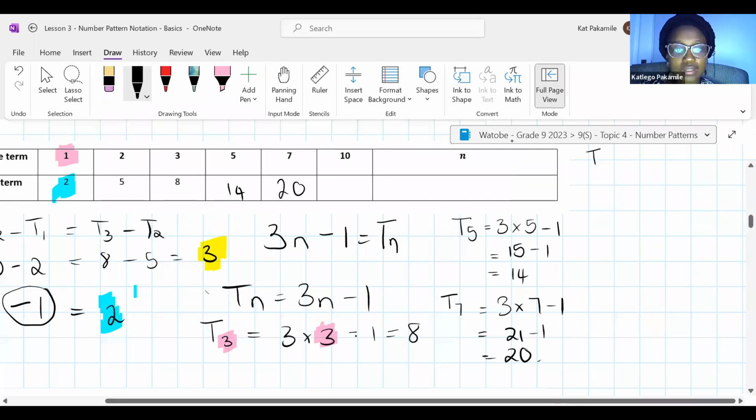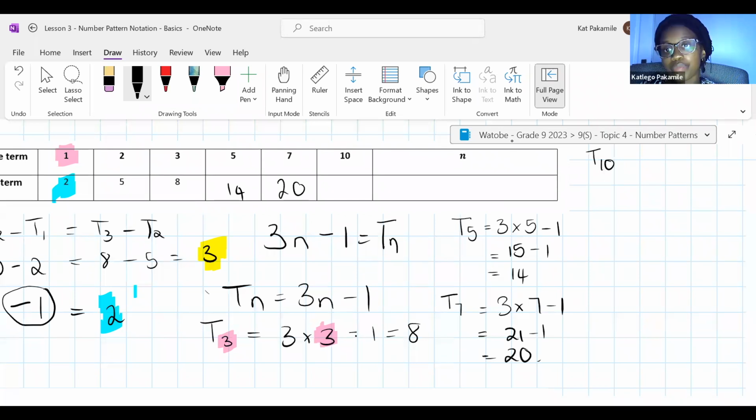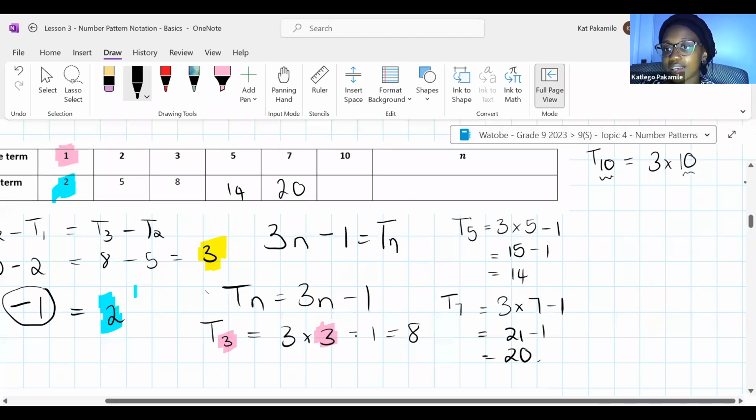So T10 equals 3 times 10. Remember what's at the bottom there must be here. So 3 times 10 equals 30 minus 1 equals 29.